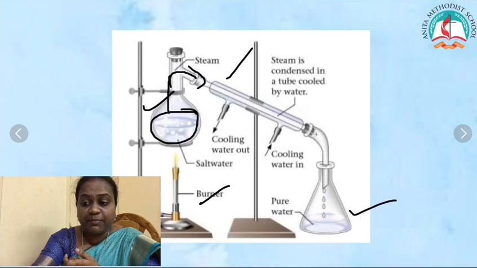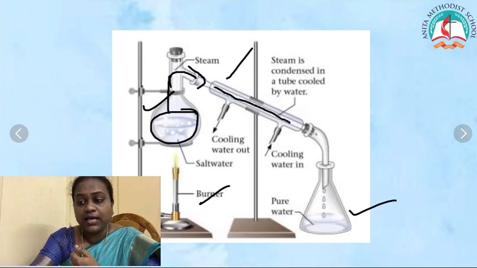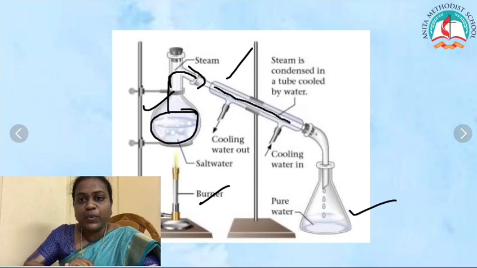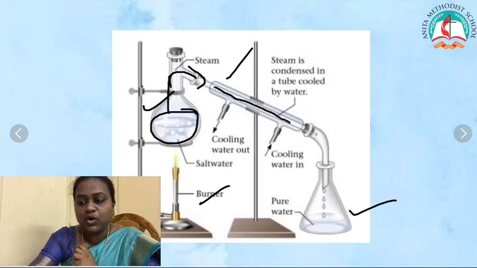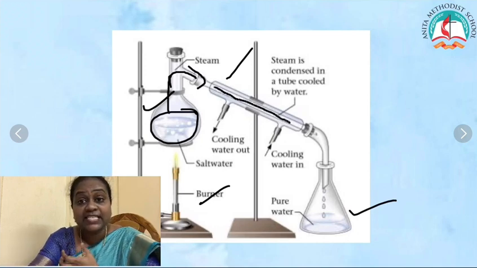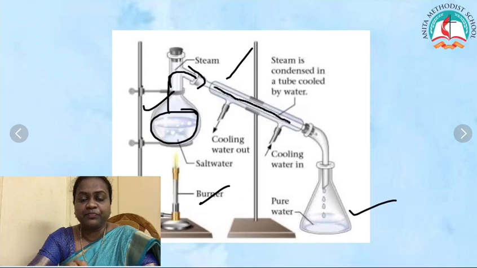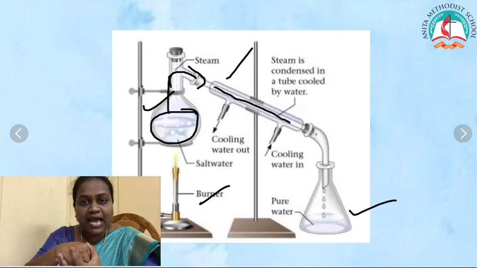The liquid evaporates and moves into this tube. When the hot vapor moves into this tube, there is a condenser over here which has cool water, so the cool water will cool the vapor.